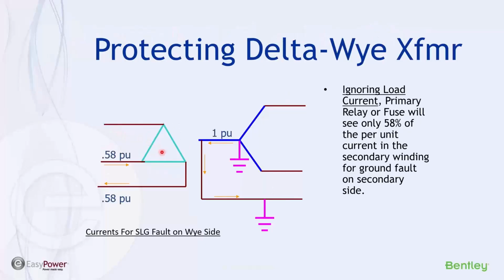But in the case of a secondary fault on the secondary side, that 1 per unit current is shared by 2 phases on the primary. So again, currents for single line to ground faults on the Y side, where we have our protection on the primary side.